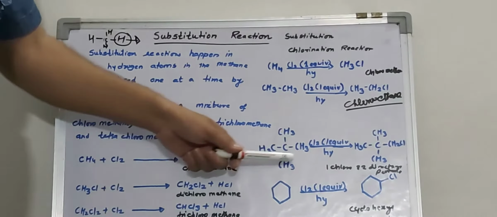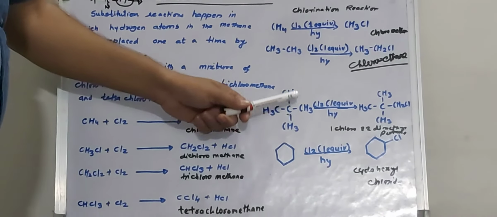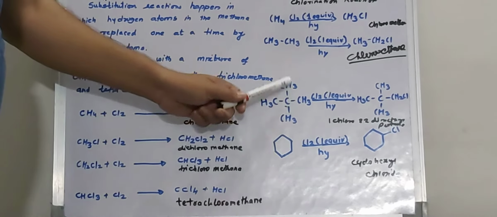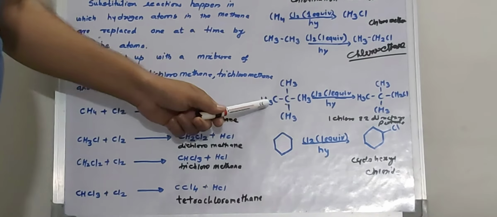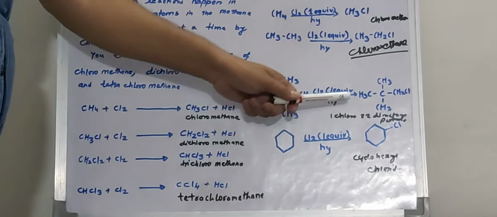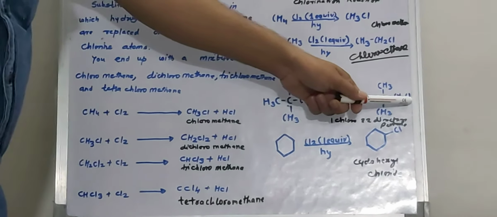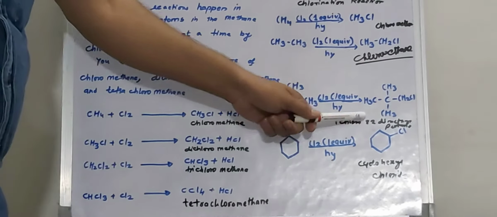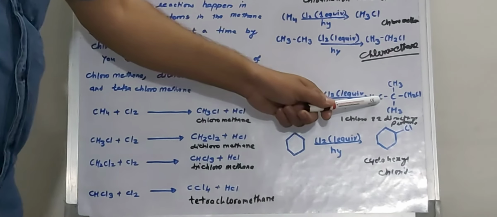Similarly, if you see another example, 2,2-dimethyl pentane when it reacts with the Cl2 under the UV light, we are getting the replacement of one H by Cl and we are getting 1-chloro-2,2-dimethyl pentane.